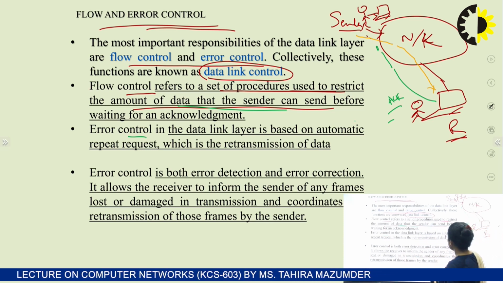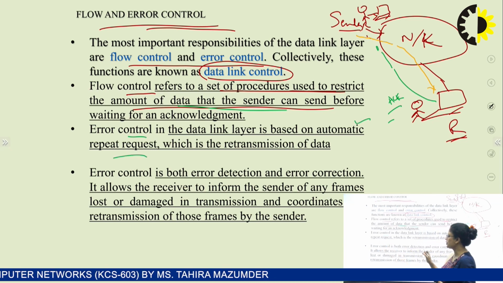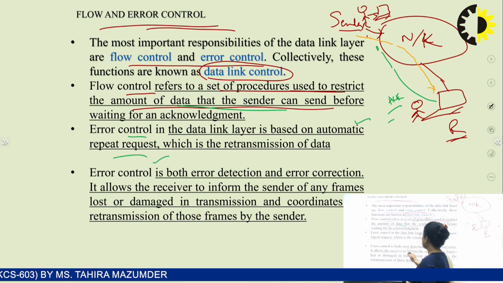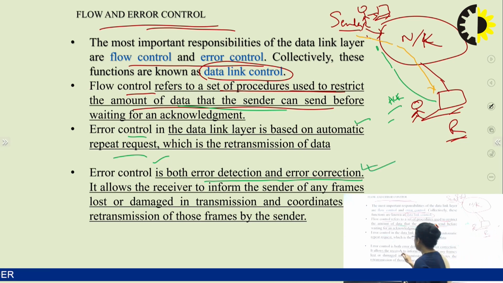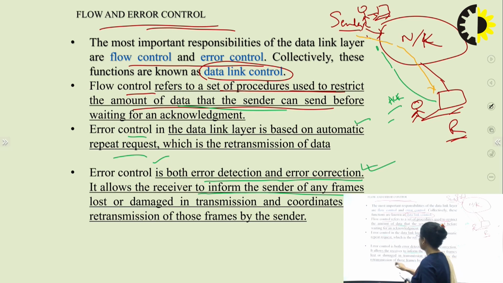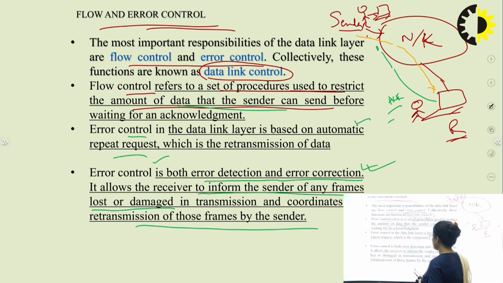Now error control is again a service provided by the data link layer, and it is normally based on automatic repeat request, which I'll talk about more in the subsequent slides. Error control focuses on error detection and error correction. We allow the receiver to inform the sender if any frames are lost or damaged during transmission, and it coordinates with the sender for retransmission of those frames.